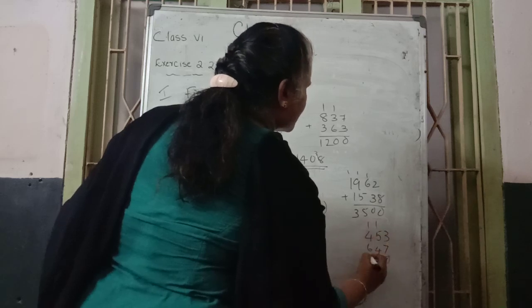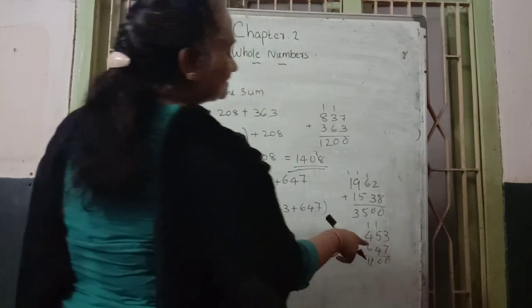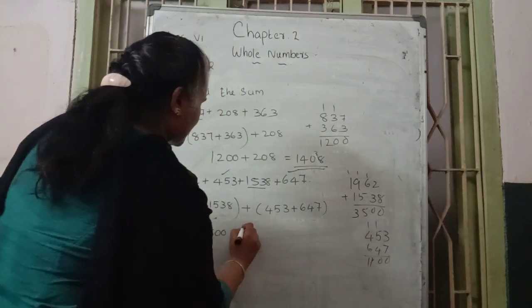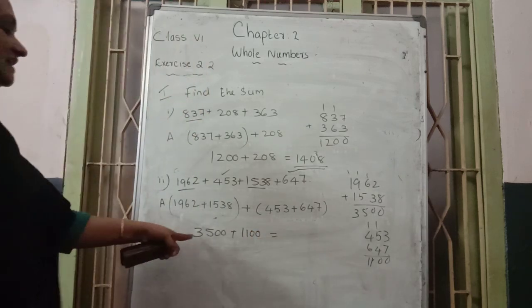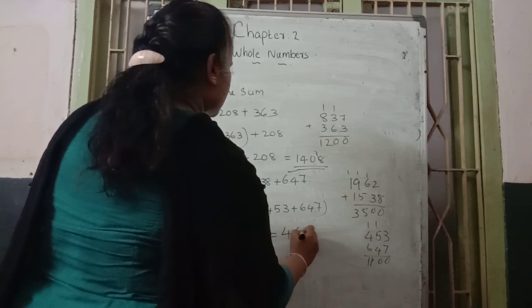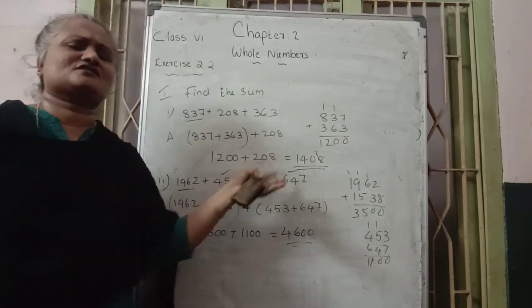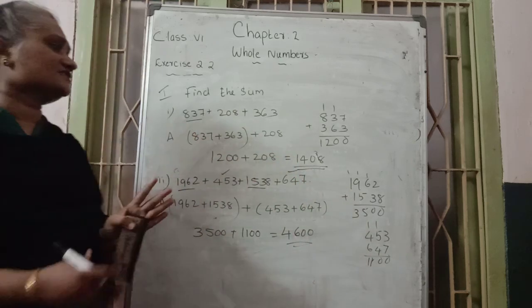How much will come in there? 1100. So the answer in this way, they are adding to how much will come there? 4600. Just in this way, doing suitable rearrangement and adding is the question.